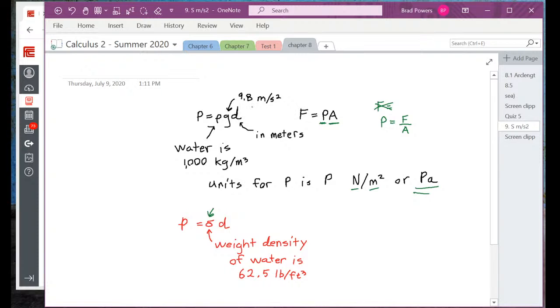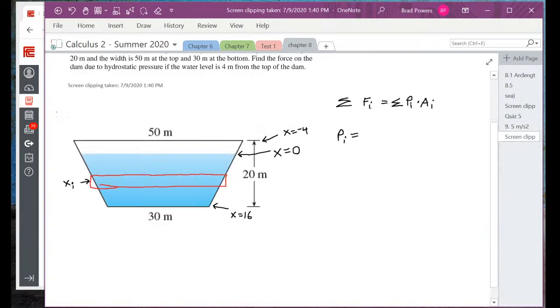So 1,000 times 9.8 times depth, which in this case is x sub I. That's fine. Next, we got to find our area of these rectangles.